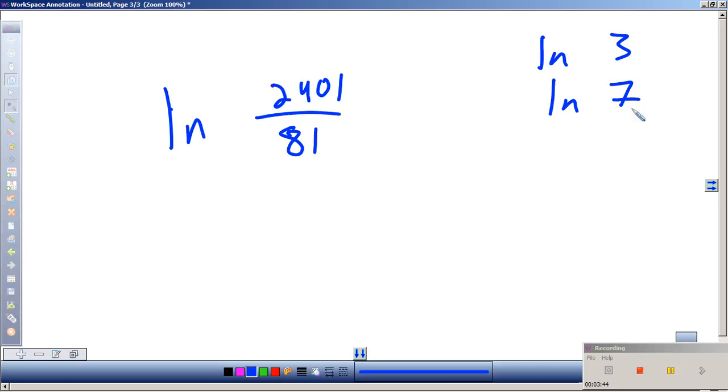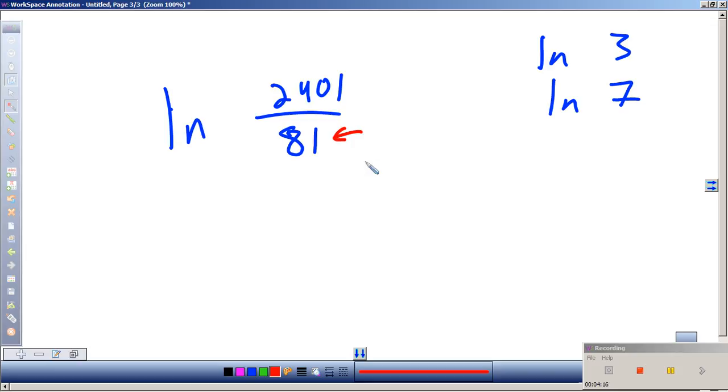Any guesses on how we do that? What's 81? Why is 81 important? It's divisible by 3. That's important. What else? It's a square number.